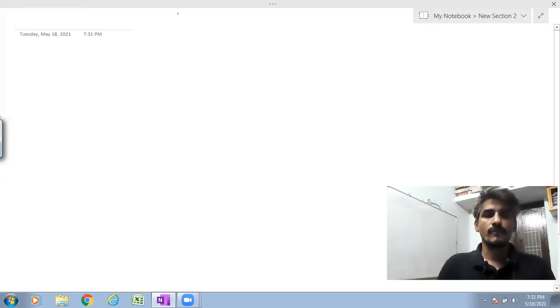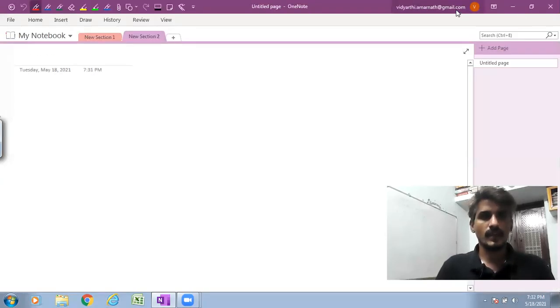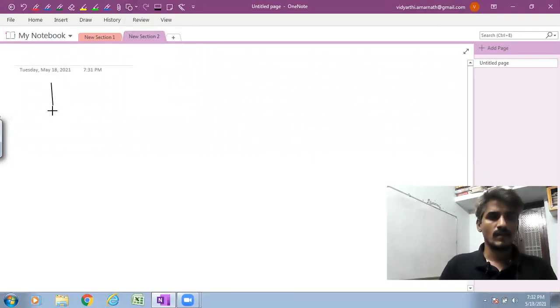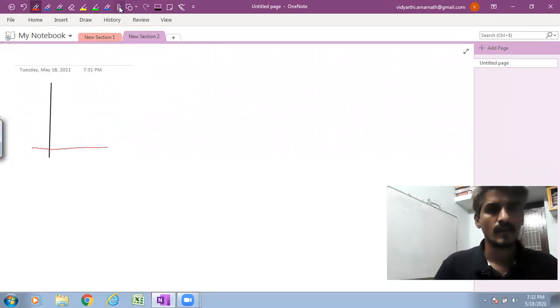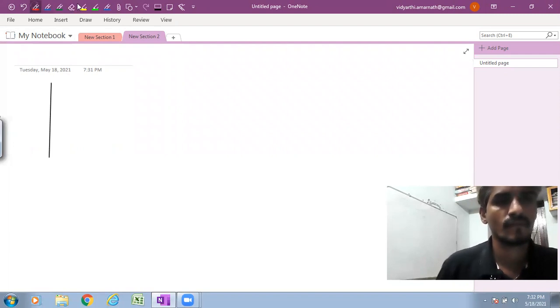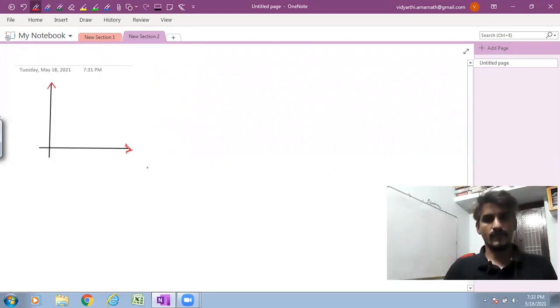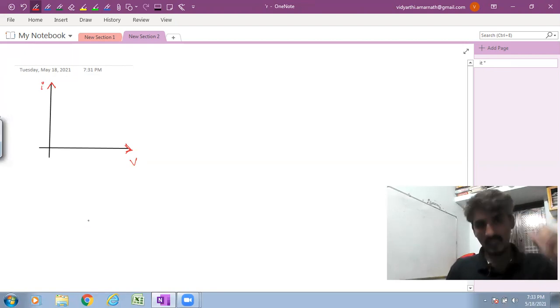For those ohmic conductors, see here, if you plot a graph between V and I, potential difference and current, by taking V on the x-axis and current on the y-axis.